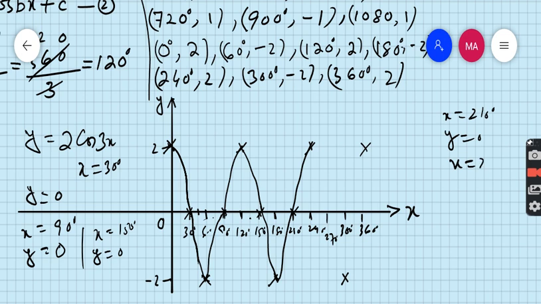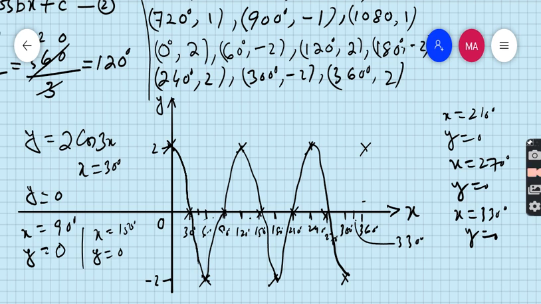And if you take x is equals to 270 and put in the equation, you will get again 0. You can check. And if you take this point, this value is 330 degree. So if you put x is equals to 330 in the equation, you will get y is equals to 0. You can verify all these points.